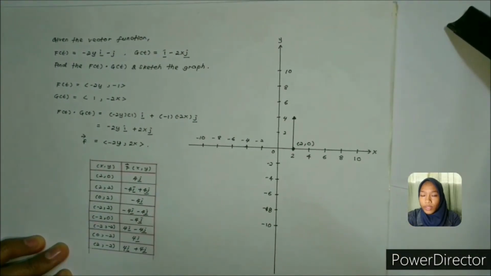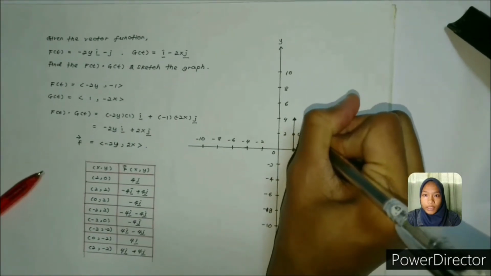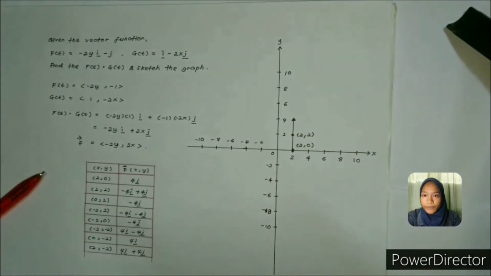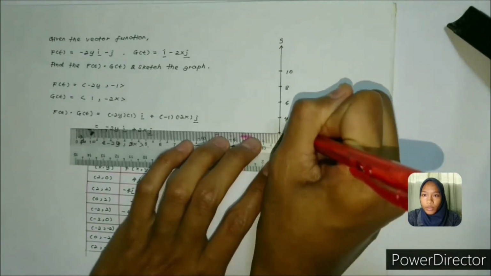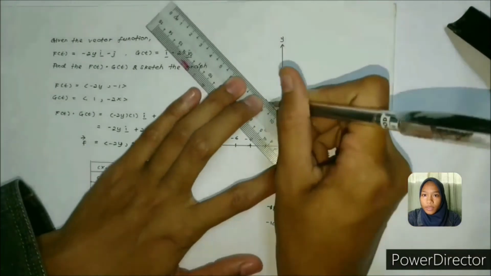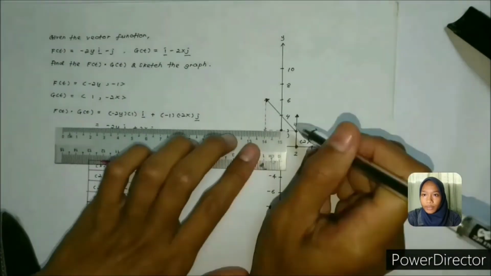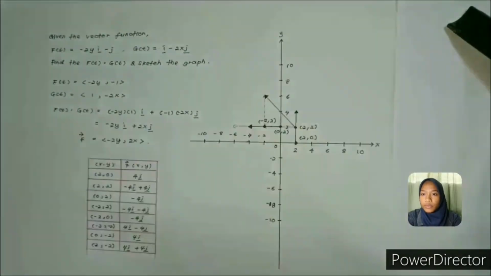When x equals 2 and y equals 2, we get 4 to the left and up 4. Got the vector. Then continue sketching the others using the same method.